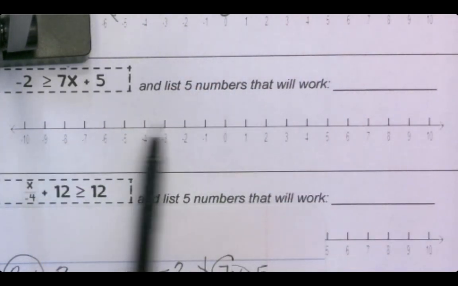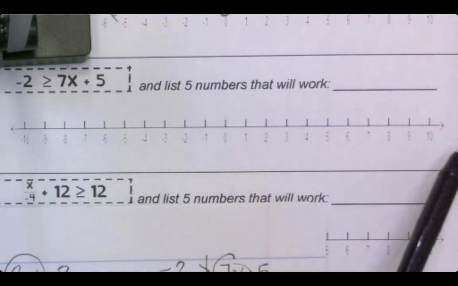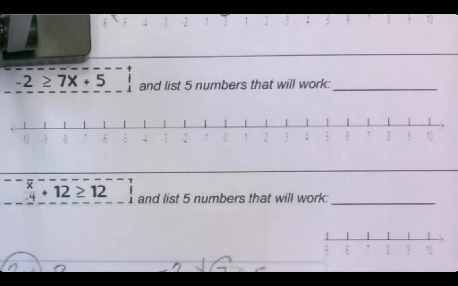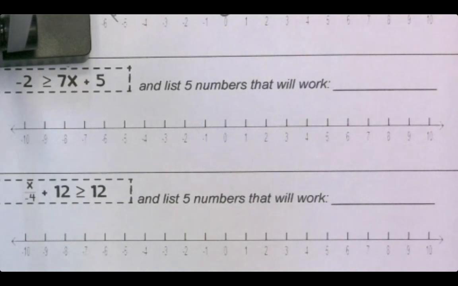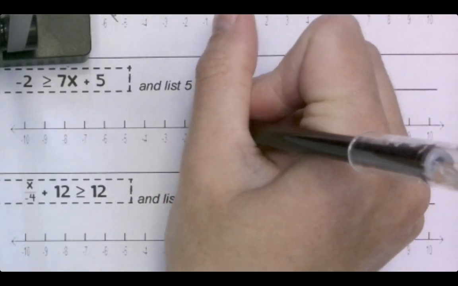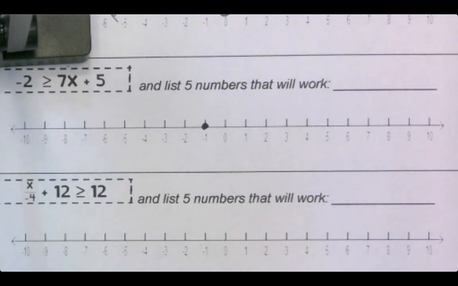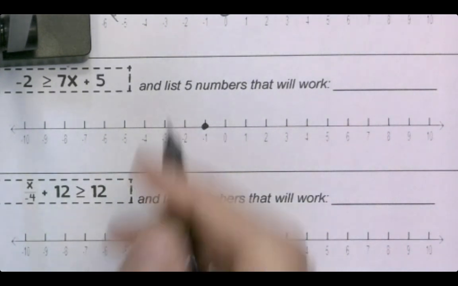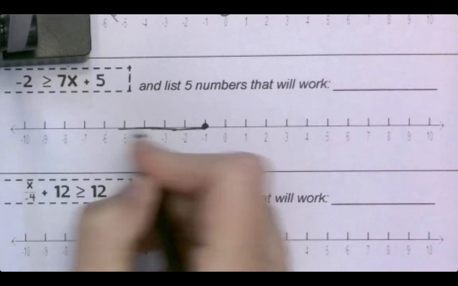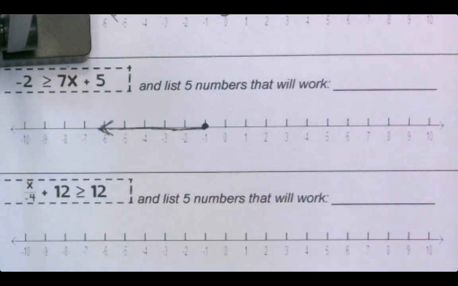Meaning going more negative numbers left or more positive numbers right. Welcome back. We should have had a closed circle. And because negative 1 is greater than the x's, that means that our arrow should be pointing towards the left. It's kind of similar to the last problem.